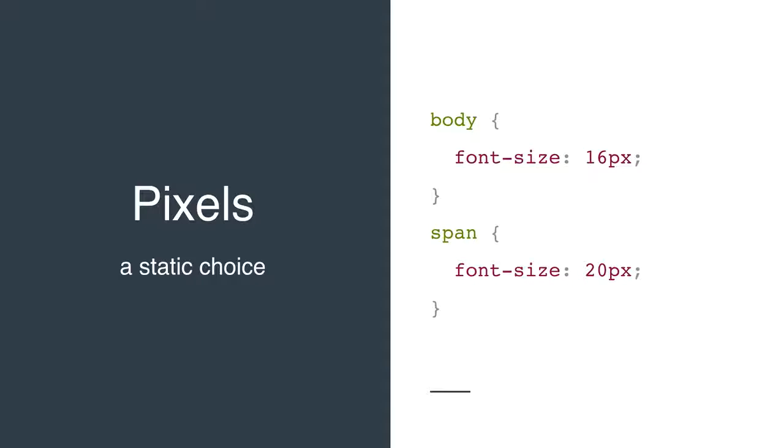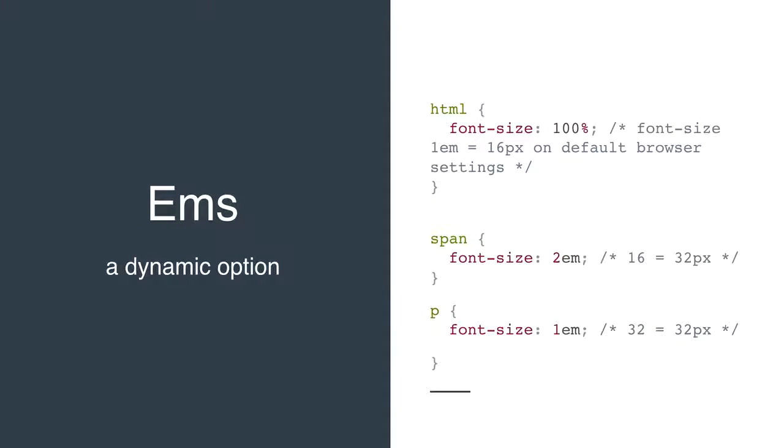The elements themselves within those containers will actually remain the same with a pixel-based value. So as the font scales, it actually crowds the space of the element.